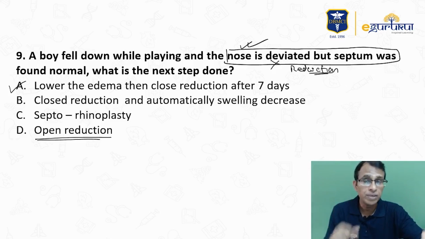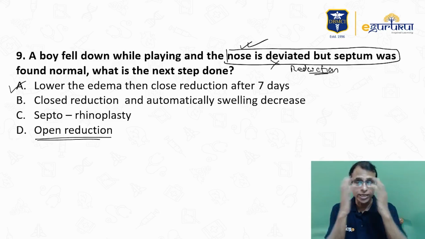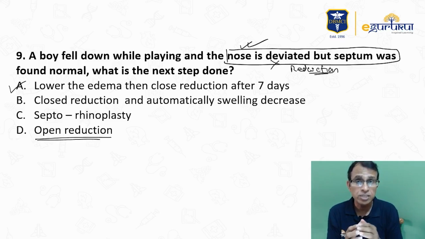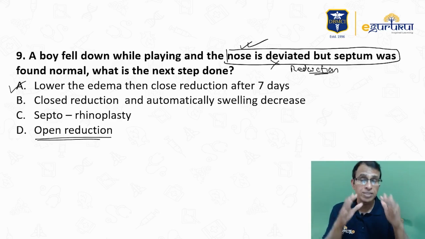Now the problem with edema is that if there is edema, there is a swelling, and nose bones are very small bones, very tiny bone, then you cannot make the correct assessment how much deviation is there, how much fixation is required. So you cannot make a correct assessment, and that's why you should wait for 6 to 7 days so that the edema subsides.